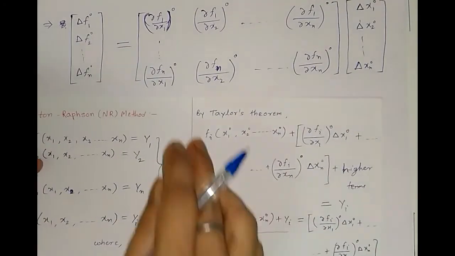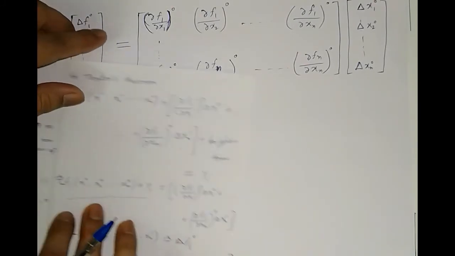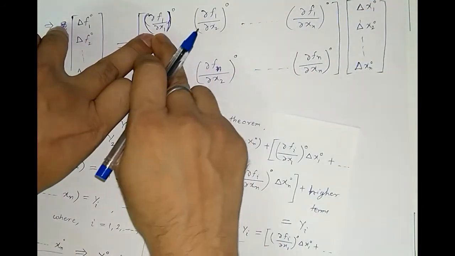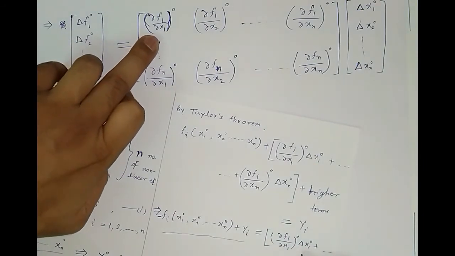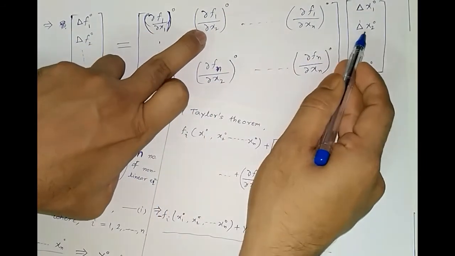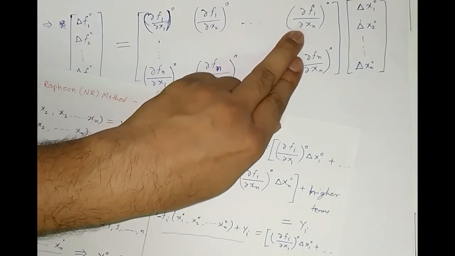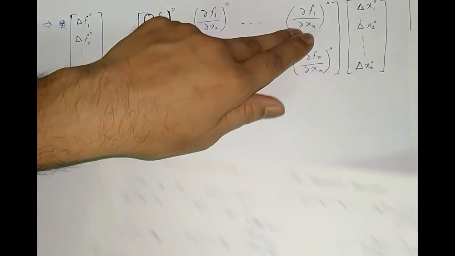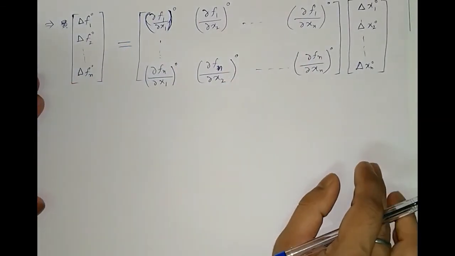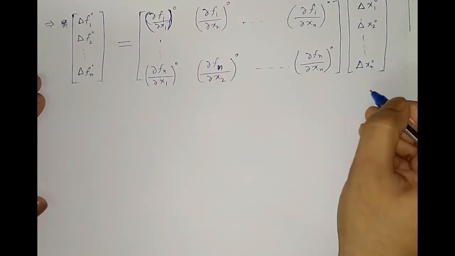You can verify this equation against the previously described equation. Is it satisfying or not? So del f1 by del x1 into delta x1 0, plus this into this term, and so on, del f1 by del xn into delta xn 0. In this way, in generalized form, we are representing those equations in the matrix form.